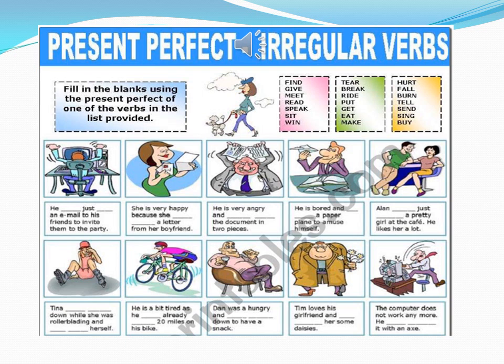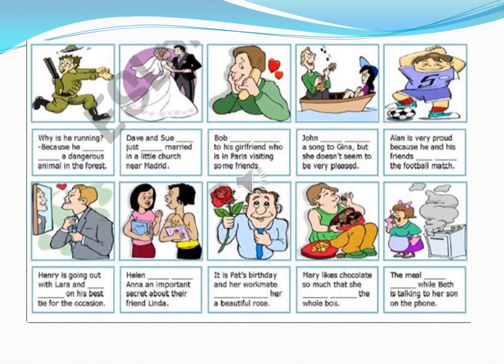The student needs to complete the sentence with the irregular verbs given. We have here another flashcard to complete the sentence. The student here is developing his grammar and speaking skills.